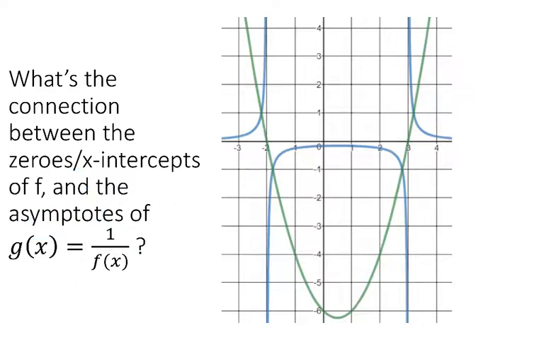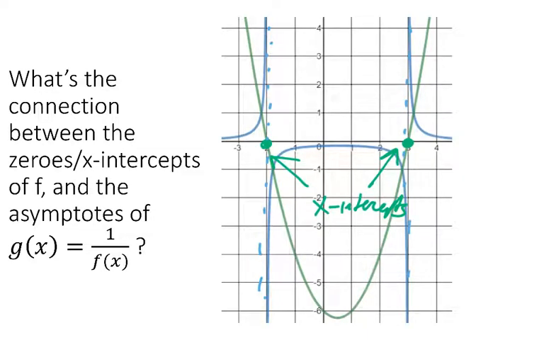The zeros, when it's in the numerator, here are the x-intercepts, become the vertical asymptotes when you put them in the denominator.